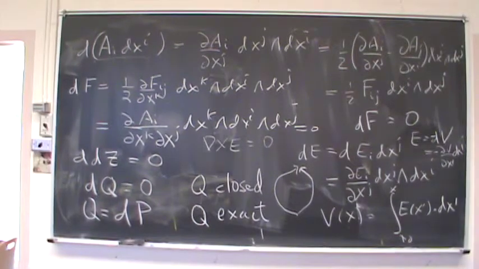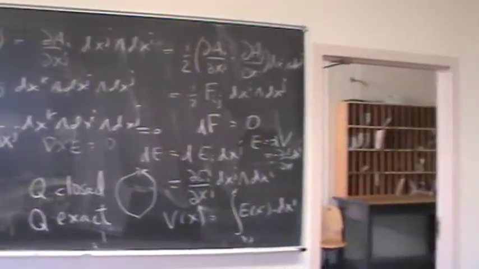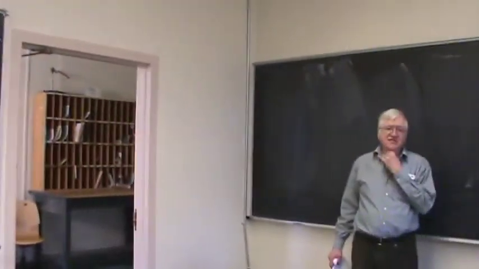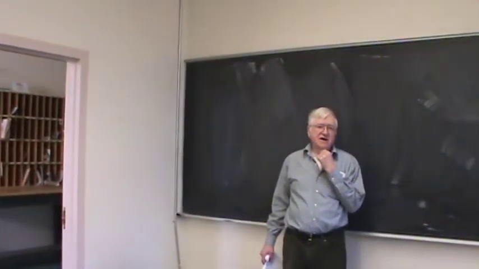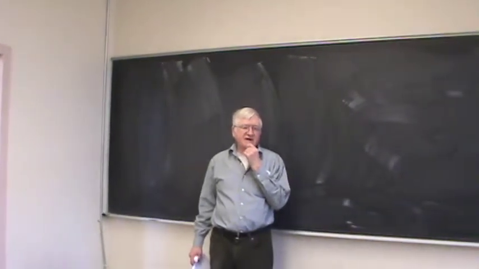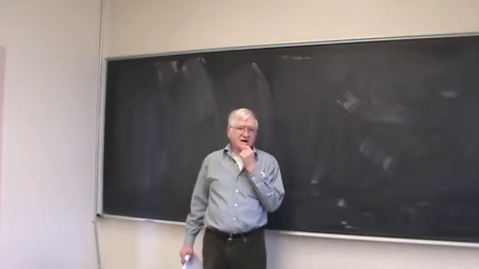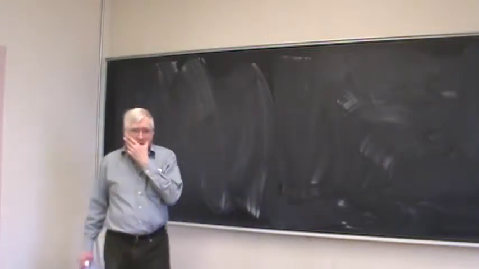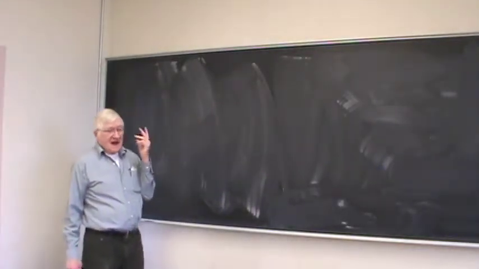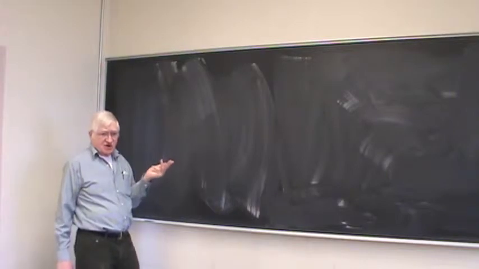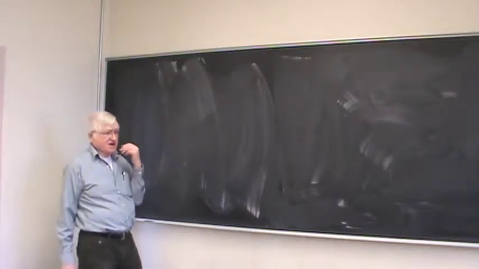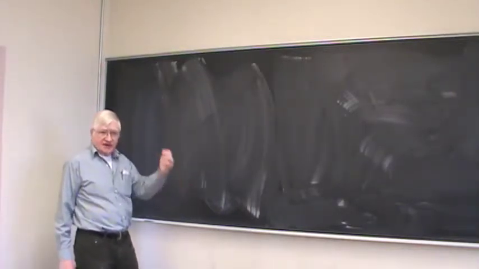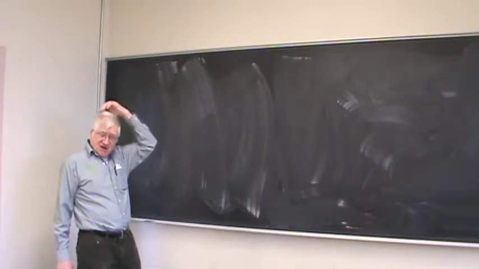So let me say one thing about one of the advantages of Einstein's viewpoint in general relativity: the action of the theory is invariant under general coordinate transformations, and as a consequence, all the equations are invariant under general coordinate transformations.